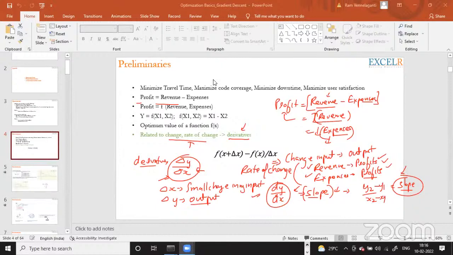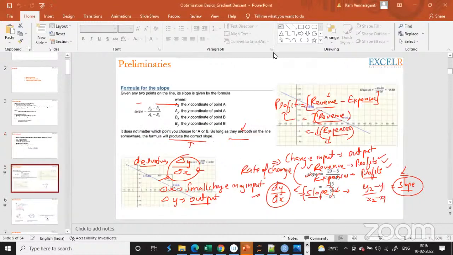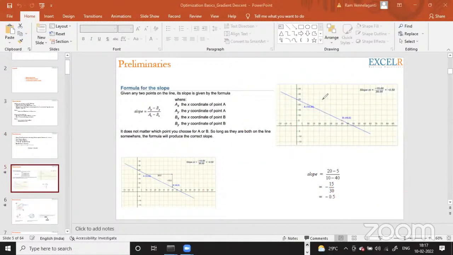Now, if I give you a straight line like this, will we be in a position to find out the slope? Is it possible for us to find out the slope? It is very easy. What is the formula? Slope is equal to y2 minus y1 by x2 minus x1. This is the slope.